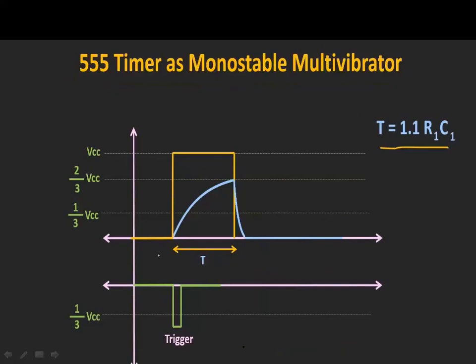This is how we are going to use the monostable multivibrator. Here the time period of the signal is T equal to 1.1 RC, so T is equal to 1.1 R1C1. As we have discussed, the time period of this monostable multivibrator depends upon the resistor and capacitor values, R1 and C1.